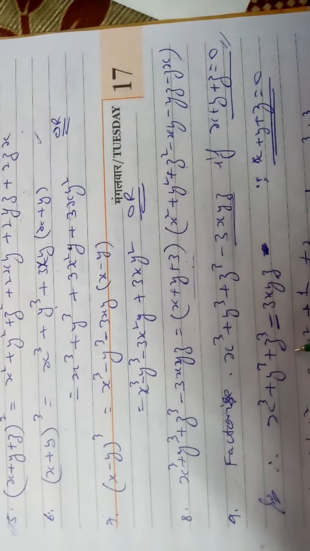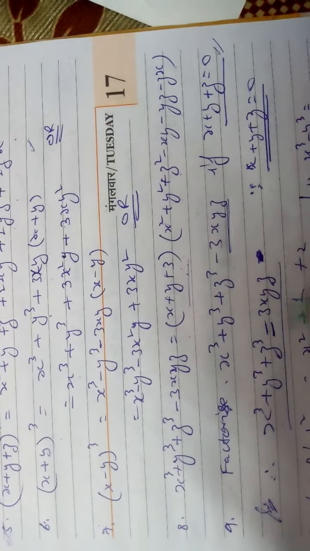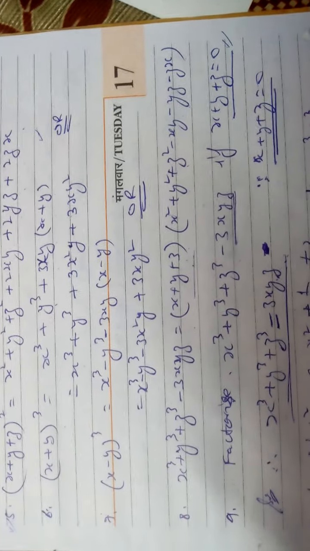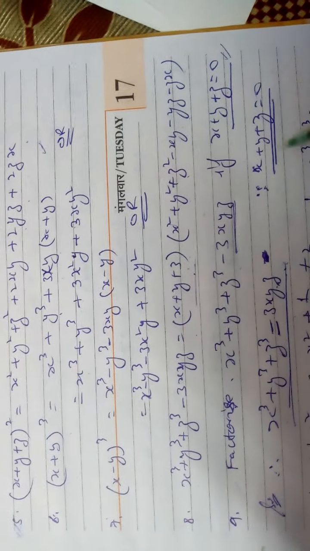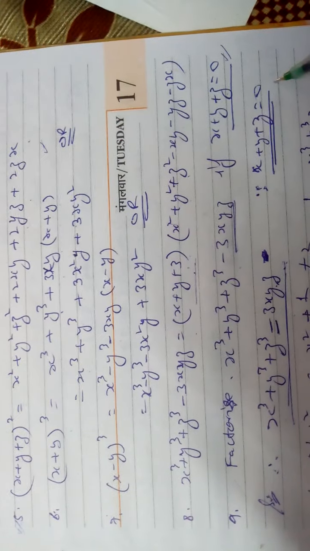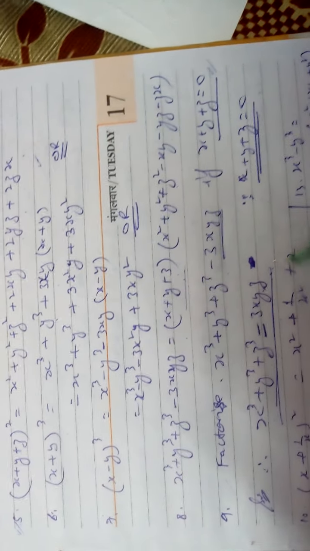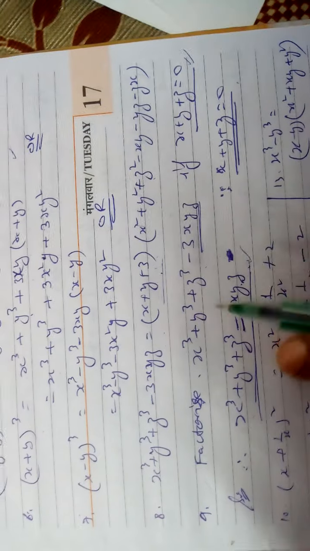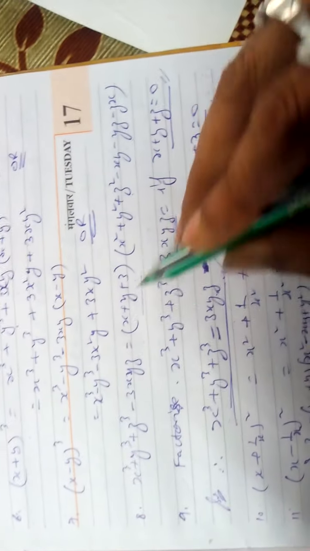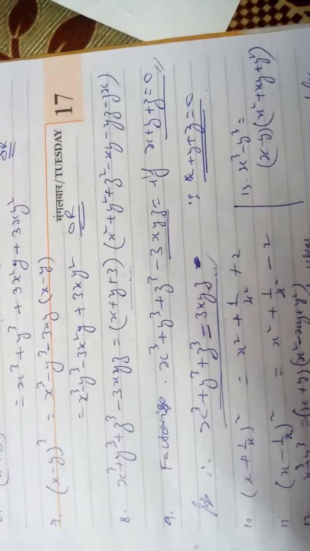Then x cube plus y cube plus z cube is always 3xyz when these three sum to 0. Then you can directly get the answer. It is one formula. Another, when it is given equal to this, this term is 0, then all will be multiplied.